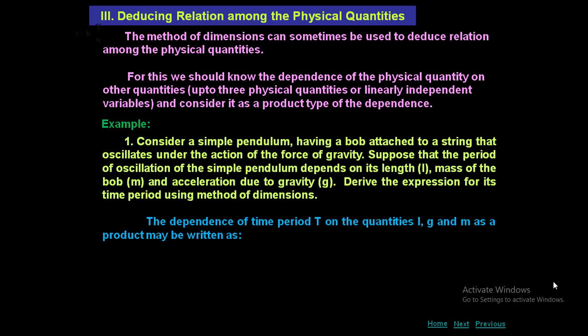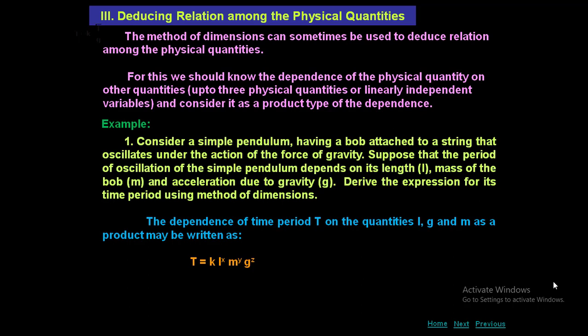The dependence of time period on the quantities L, g and m as product may be written as T is equal to k times L to the power x, m to the power y and g to the power z, because we don't know what is the power which is present for the quantities length, g, that is acceleration due to gravity, and mass.